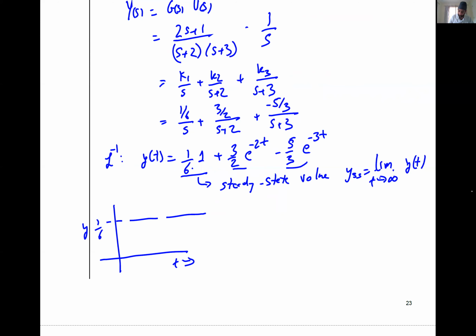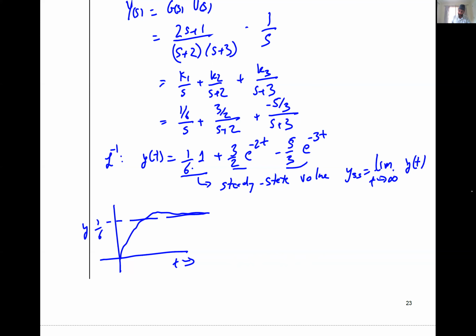These are going to decay over time, but one has a positive coefficient, the other has a negative coefficient. One has a coefficient of 3 over 2, the other one has 5 over 3. So we may have some transients where we approach the steady state value through exponential terms and decay down finally at 1 over 6 and remain at 1 over 6.